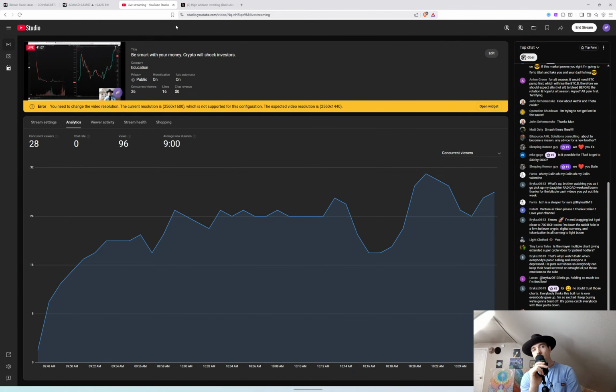Yeah, these charts are giving extended super cycle vibes to me. Pretty much all of the altcoins are, even Bitcoin, in terms of the big picture trend. It's a massive uptrend, ramping up for something that could be big. It could be like how Apple took off.